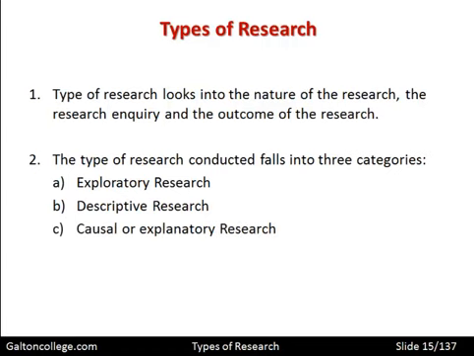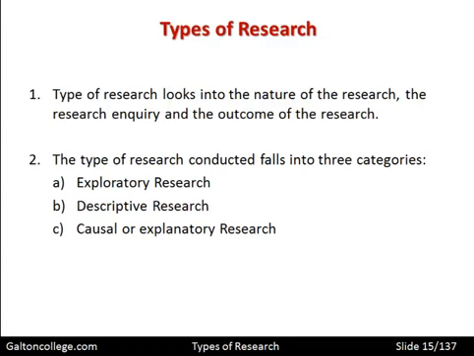Or it could be causal or explanatory research. Causal research is looking for causes. What links the two things? Why is it when the price of the product was decreased, why was it the case that no extra sales were achieved? Why was that?